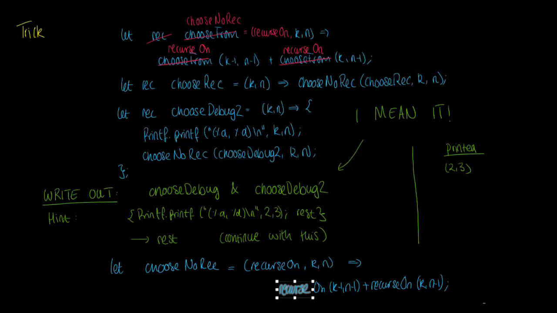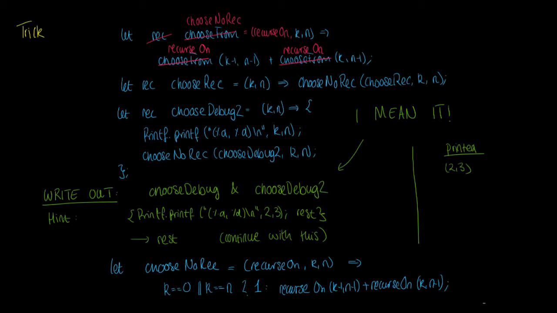Now, you can fix choose_no_rec, and both your choose_rec and choose_debug functions remain the same, but will work as intended, without you needing to add and delete printfs everywhere. That is, let choose_no_rec = (recursion, k, n) => k == 0 or k == n ? 1 : recursion (k - 1) (n - 1) + recursion k (n - 1).